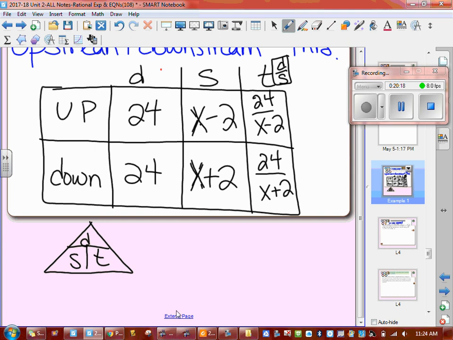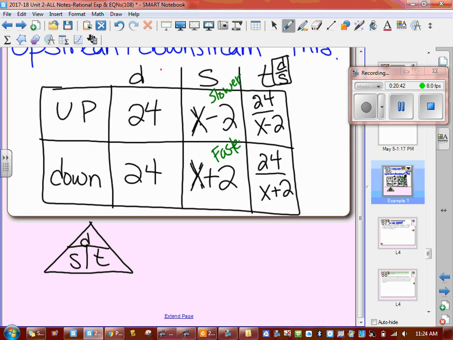Here you're fighting against the current, so you're going slower, so you're subtracting. Okay? This one is faster. And if you have to write slower and faster down, do it, because it helps if you're looking at the right one.